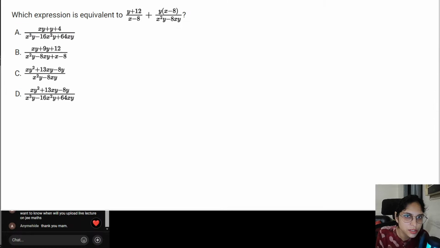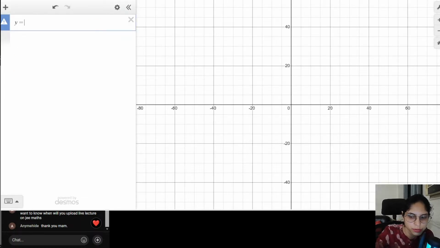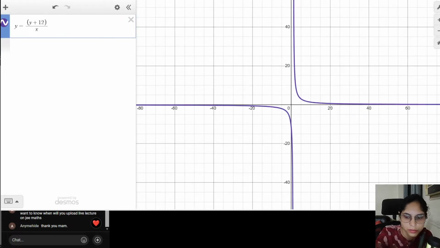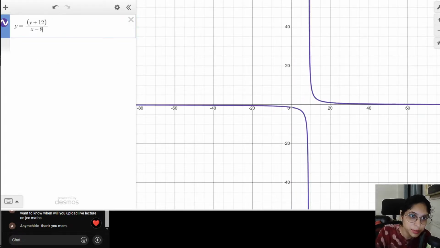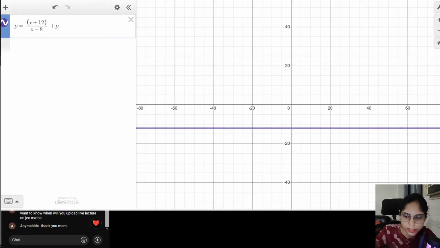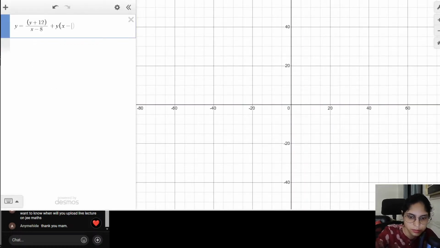If I write y is equal to, yeah, the graph will be made. You just have to write y is equal to. So that is also sorted. Because it's not possible that you should not get it. You should get it.